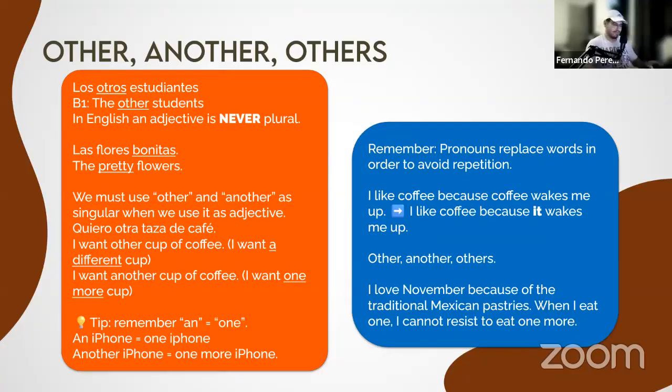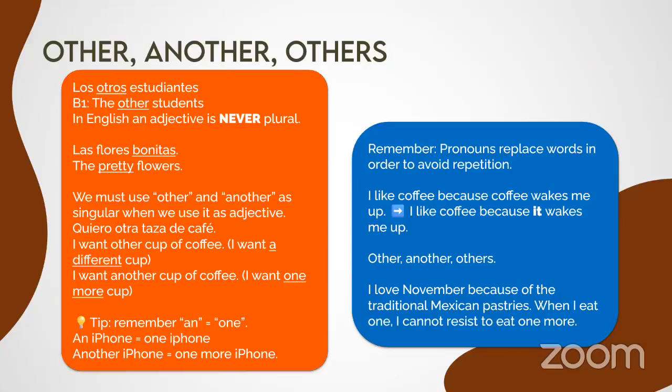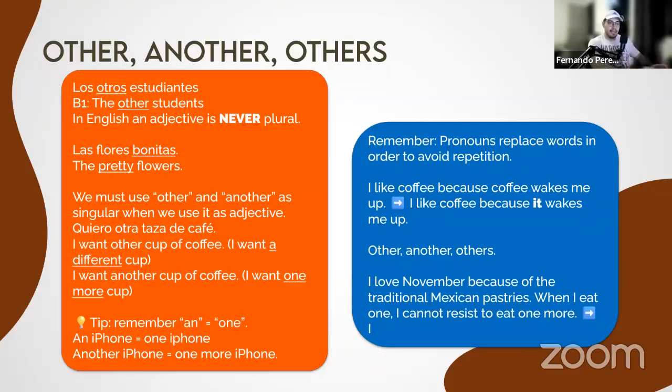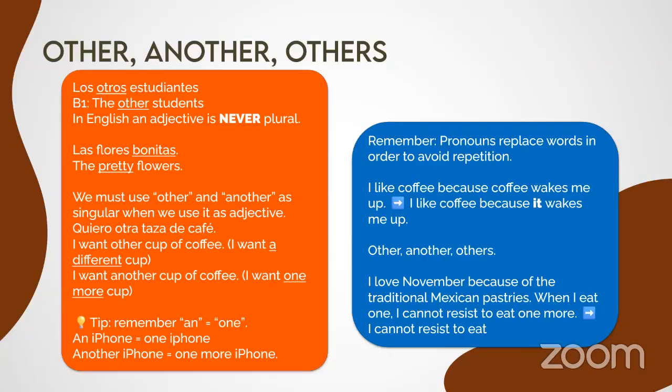So check the solution. That is a pronoun. A noun, sorry. Exactly. One is a noun. It can be a pronoun too, by the way, but that's for another logic. I cannot resist one more. What word is similar to say one more? Another. Exactly.